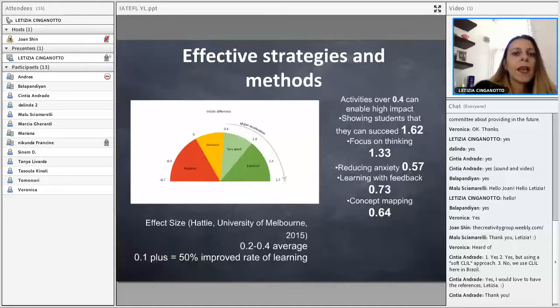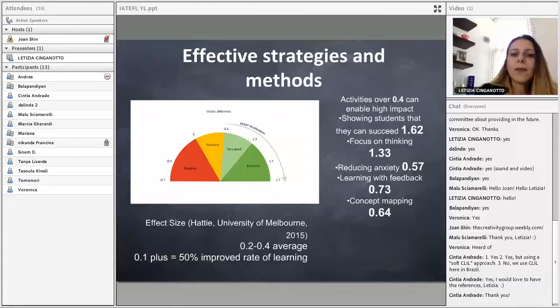So, as far as strategies and methods are concerned, I'm referring to this study, which is now very popular, by John Hattie in Melbourne, who made a very interesting ranking of all the strategies and methods that could lead our students to deep learning and visible learning, with a different level of impact that each particular strategy can have.